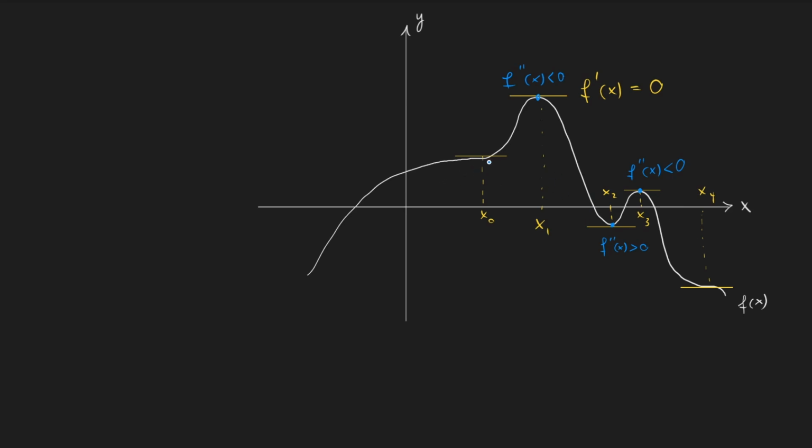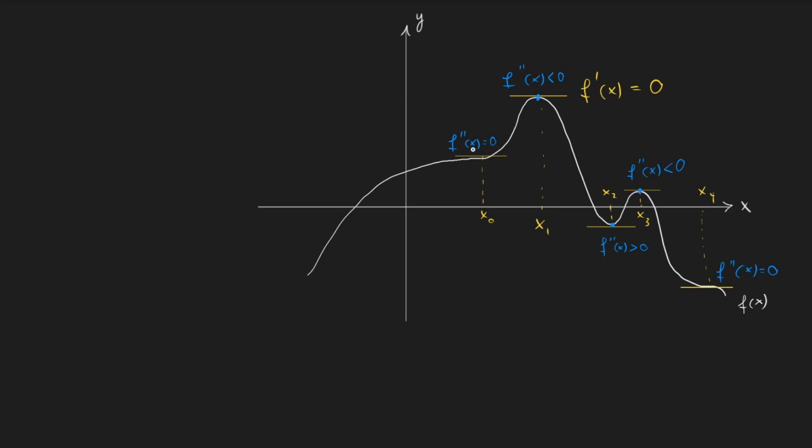And there are two other cases, x0 and x4, when the second derivatives are not negative and not positive, but zero at these places.